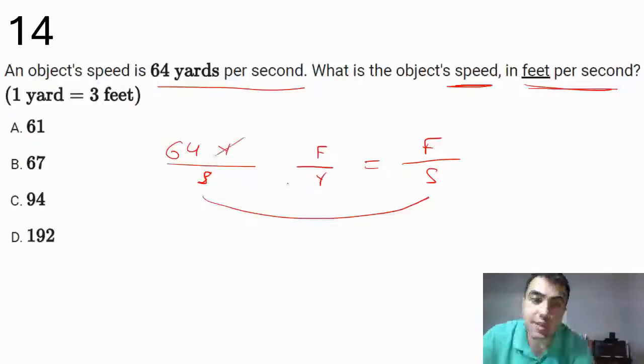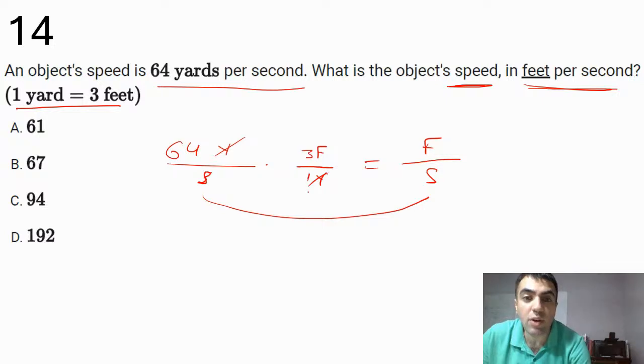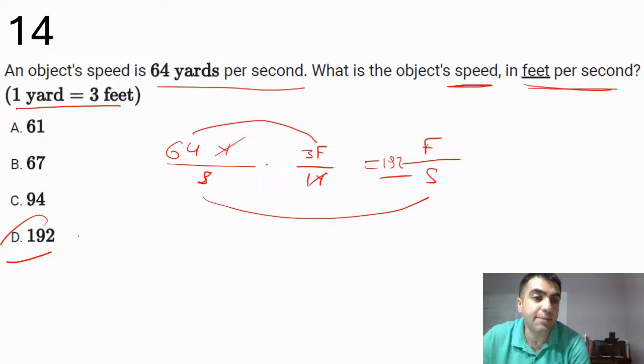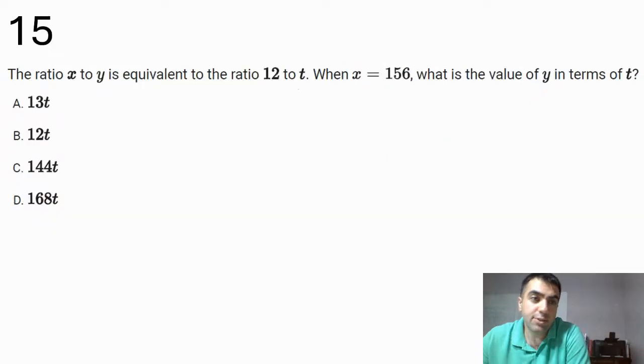You see that these yards should be cancelled out. But how many feet are there in 1 yard? 3 feet. So 3 feet over 1 yard. So we get that 64 times 3 is 192. Yes, this is D. Okay. Next question.